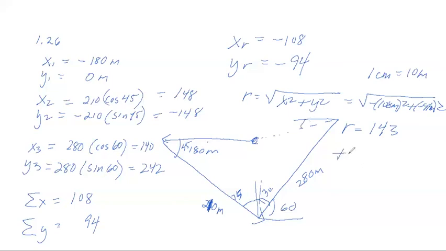So theta equals tan inverse of y over x, tan inverse of negative 94 divided by negative 108, which is going to give me 41.